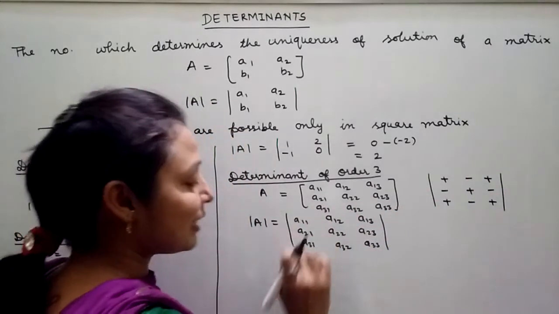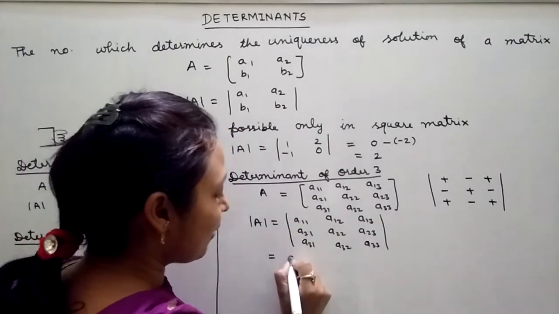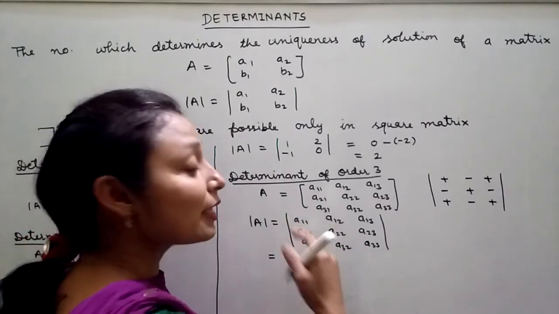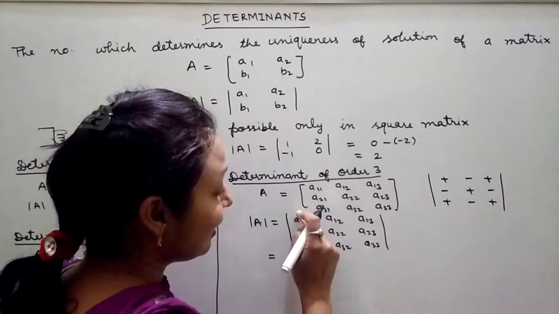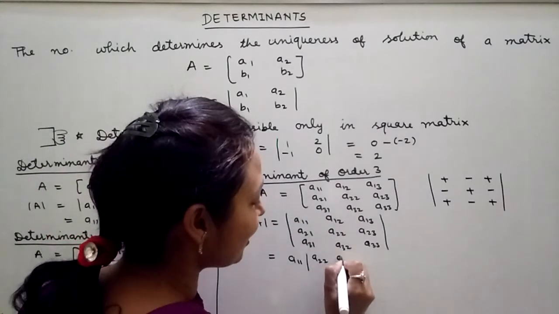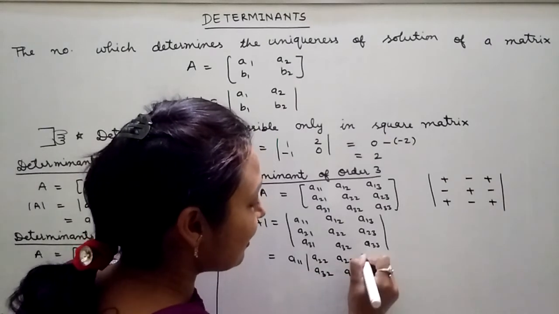How to expand? I will expand it through the first row. So A11 with its cofactor, so we have to take the element with its cofactor. When you take A11, this whole column and row will cancel. We have A22, A23, A32, A33.